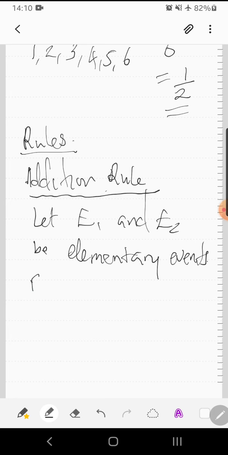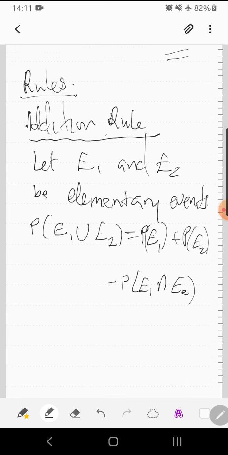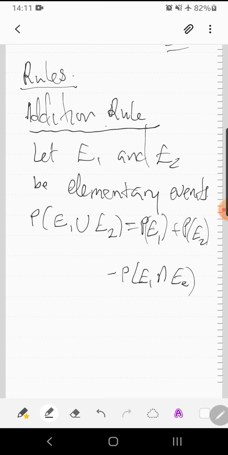Then the probability of E1 union E2 is just equal to the probability of E1 plus the probability of E2, then we subtract the probability of the intersection, E1 intersection E2. Okay, so that is the addition rule.